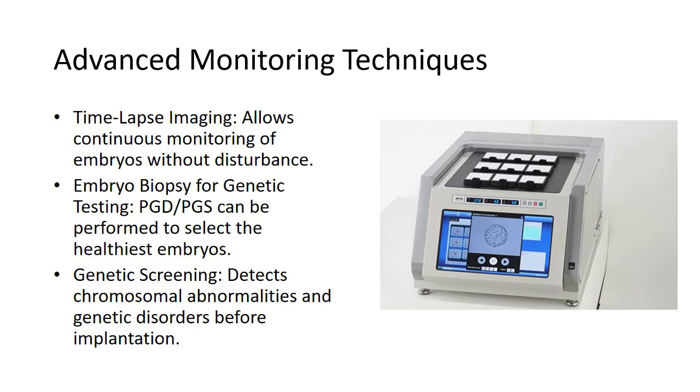The use of time-lapse imaging and embryo genetic screening such as PGT-A, PGT-M, or PGT-SR helps improve the selection of the most viable embryos for transfer. Time-lapse imaging allows for tracking the development of embryos, while genetic screening detects chromosomal abnormalities or genetic disorders.